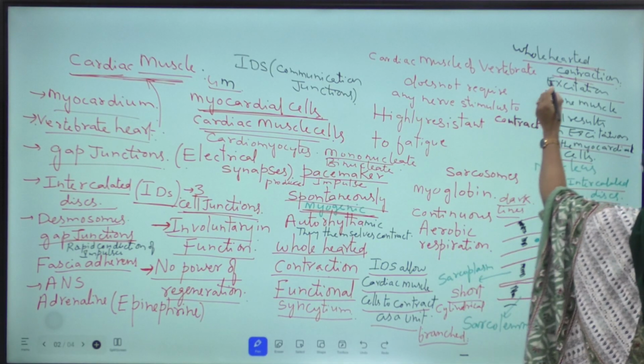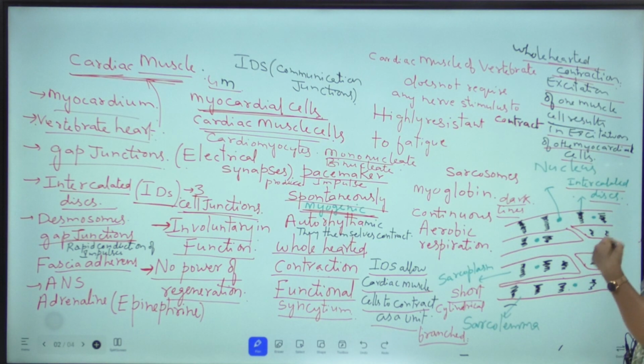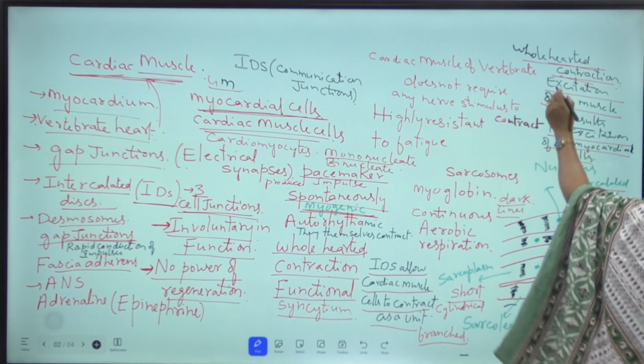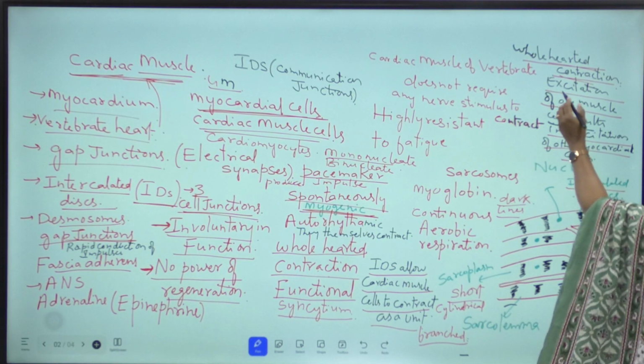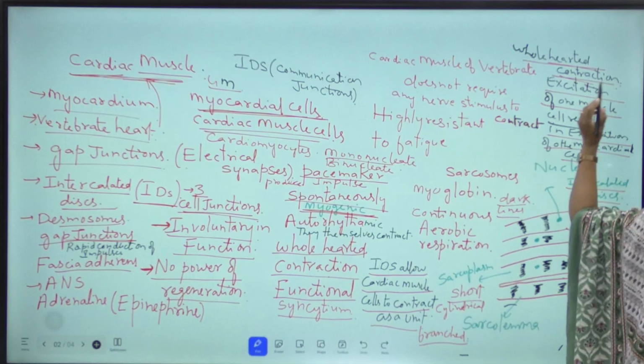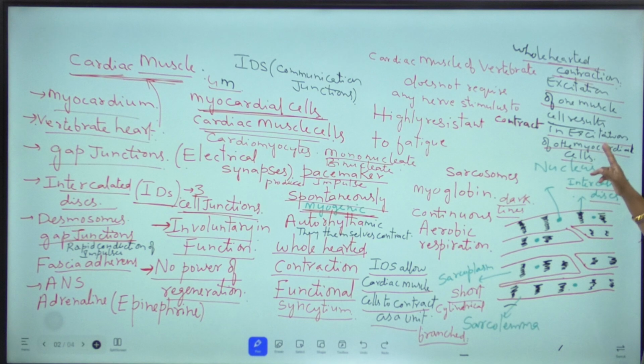Why is it called wholehearted contraction? Because the excitation of one muscle cell results in the excitation of all the myocardial cells.